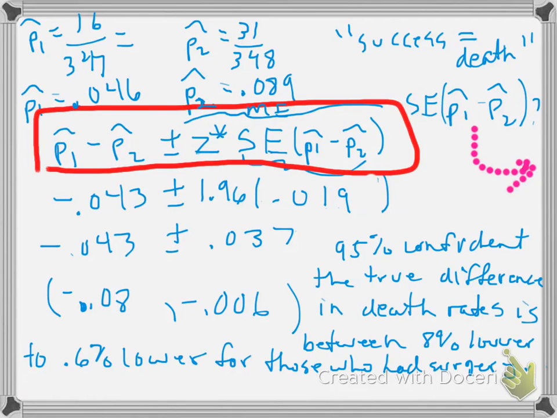Okay, so that's the interpretation of our confidence interval. We're 95% confident that the true decrease in death rate is between 8% and 0.6%. That's the decrease by having surgery.